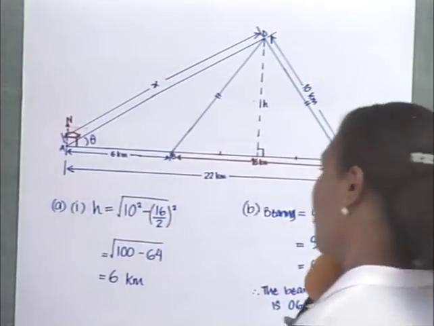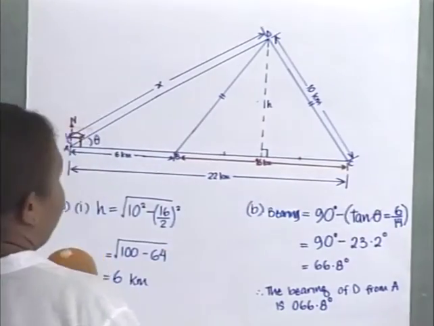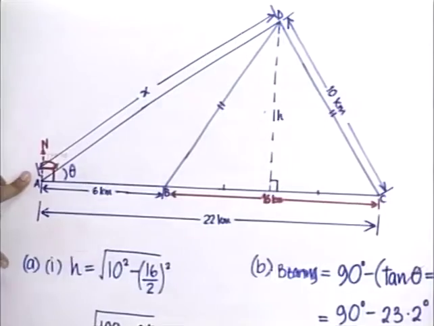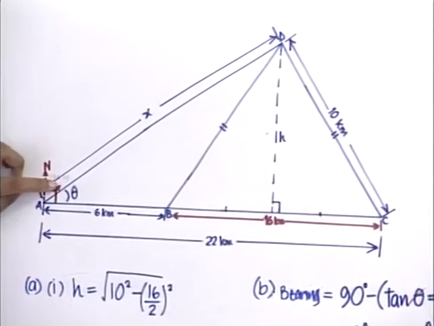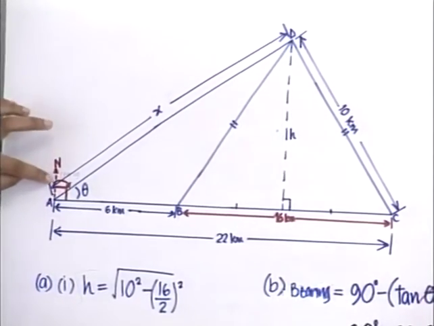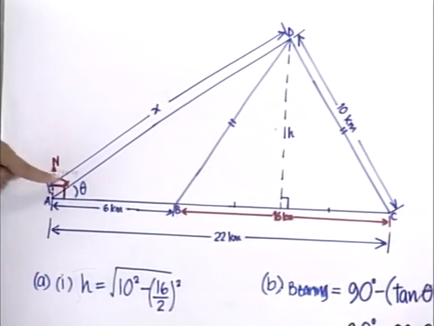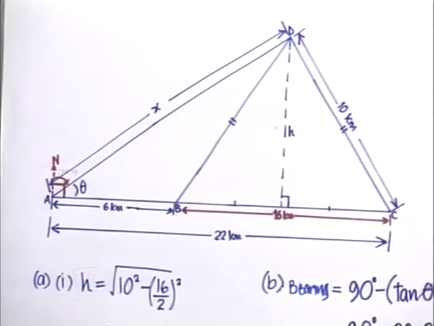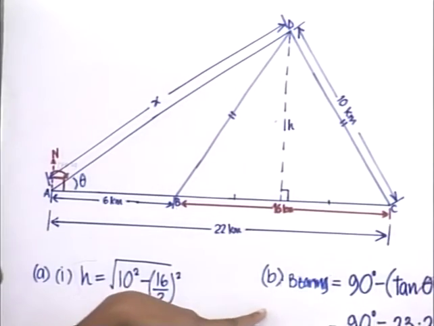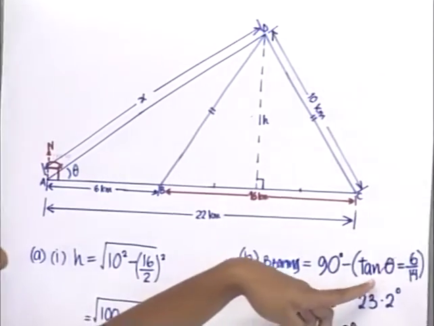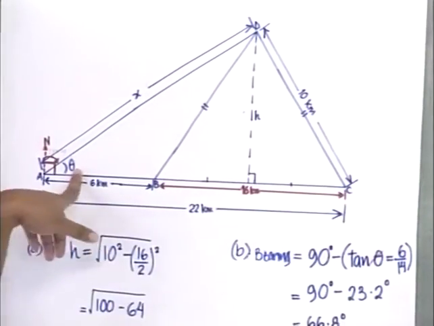Next, it's asking us to find the bearing of D from A. So we have to find this. Okay, we just drew an imaginary line here. So we find angle theta and minus it from 90 to get the bearing. Okay, we came up with this formula, which is bearing equals 90 degrees minus angle theta.